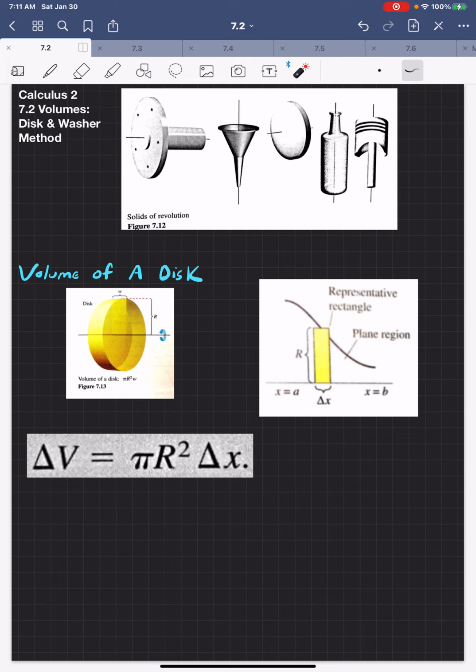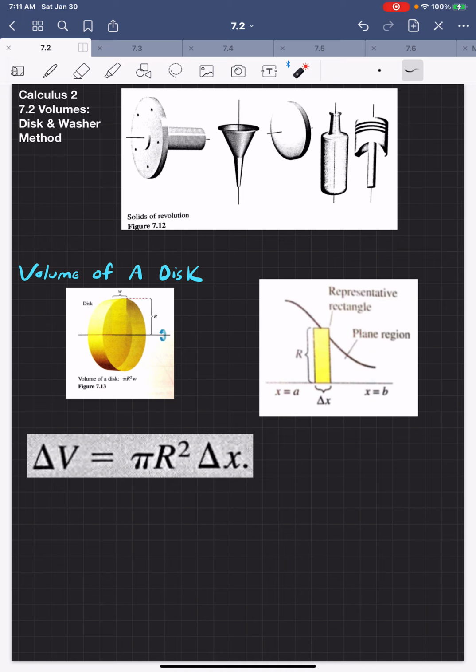So let's start with this little rectangle that we have here. Obviously this rectangle has some width and some height, right? So it would be really easy to find the area of that rectangle.